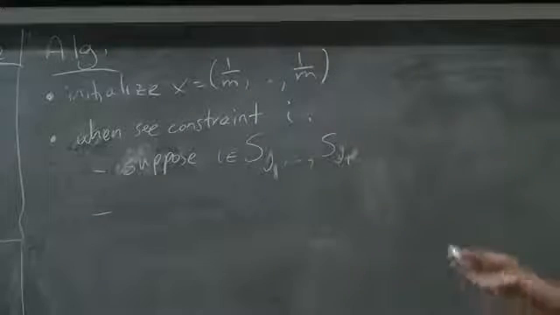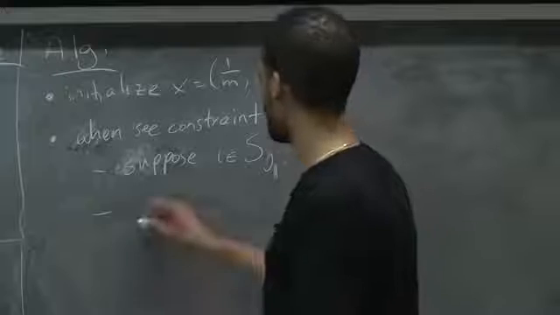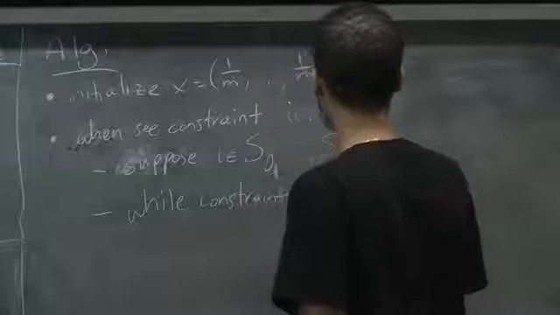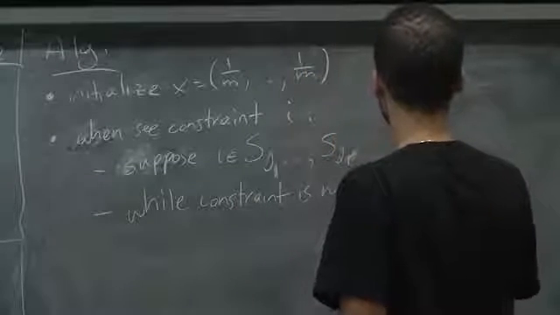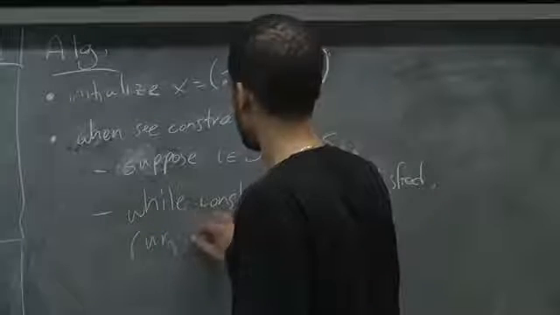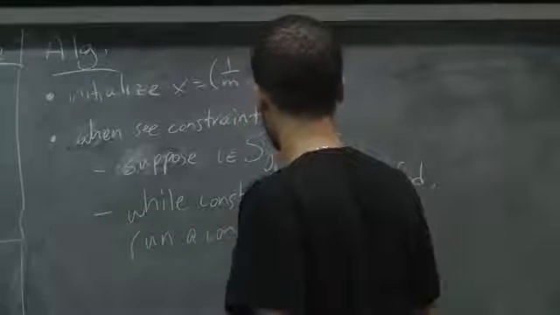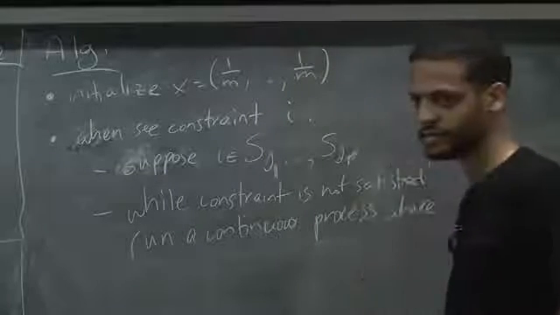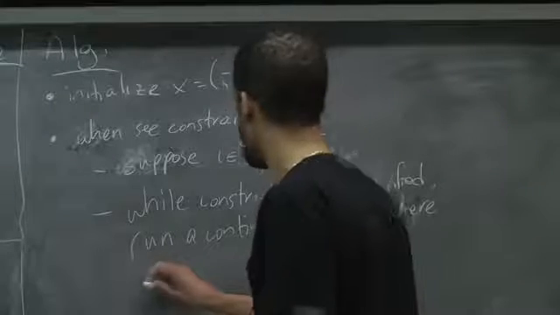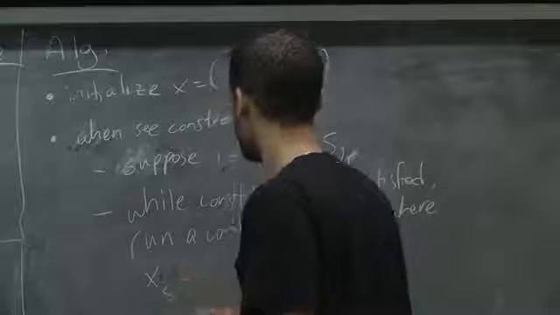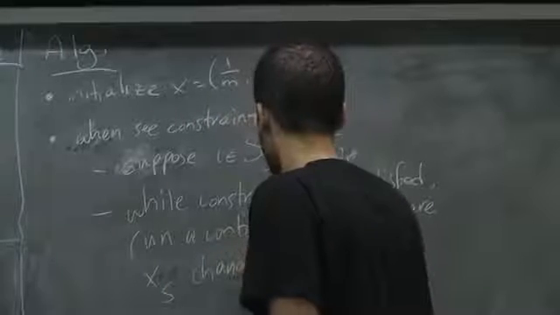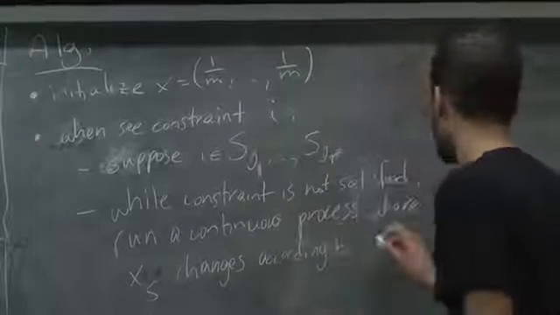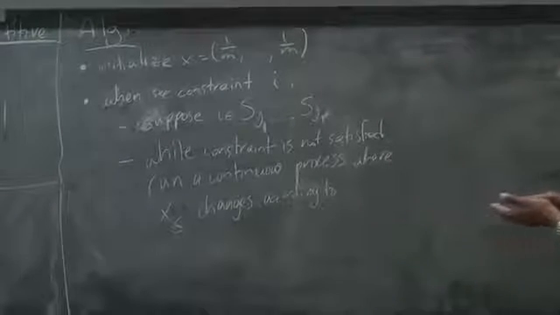So if this constraint is already satisfied, we're done. If it's not satisfied, while the constraint is not satisfied, we'll run a continuous process where x_S changes over time. Imagine that there is some time unit.